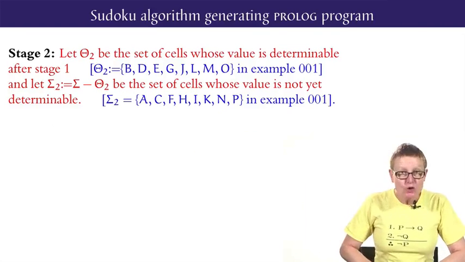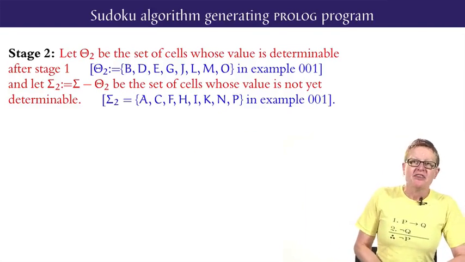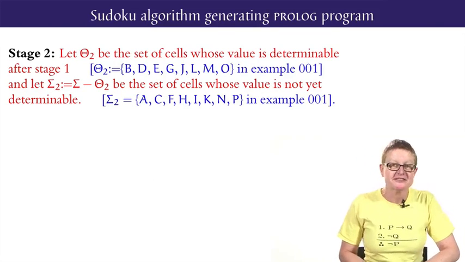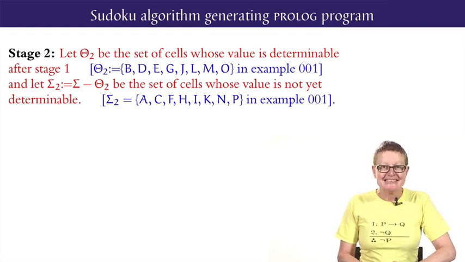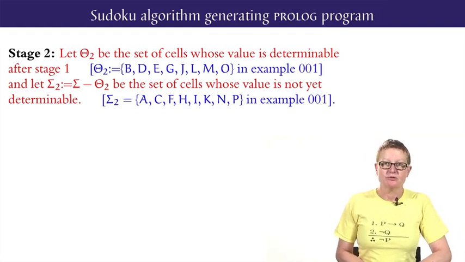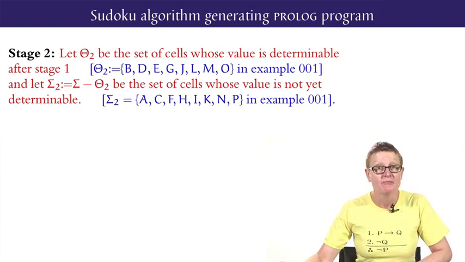Proceeding to stage 2 of the algorithm, let theta 2 be the set of cells whose value is determinable after stage 1, and let sigma 2 be the set of cells whose value is not yet determinable from the PROLOG program clauses written so far.